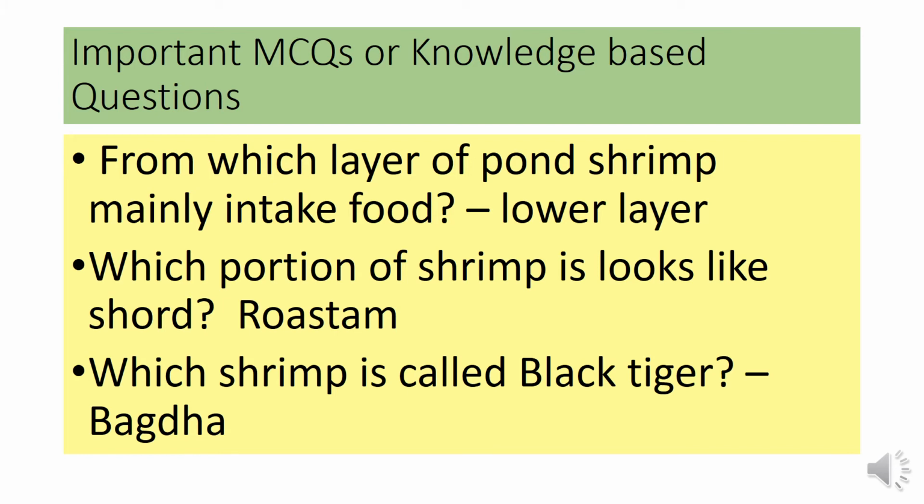Last question: which shrimp is familiar as black tiger? Bagda. Mainly Bagda shrimp is familiar as black tiger. Bagda shrimp is a saline water shrimp. Mainly we can find Bagda shrimp in saline water, and it is familiar as black tiger. Giant black tiger shrimp or giant black tiger is another name of Bagda shrimp.